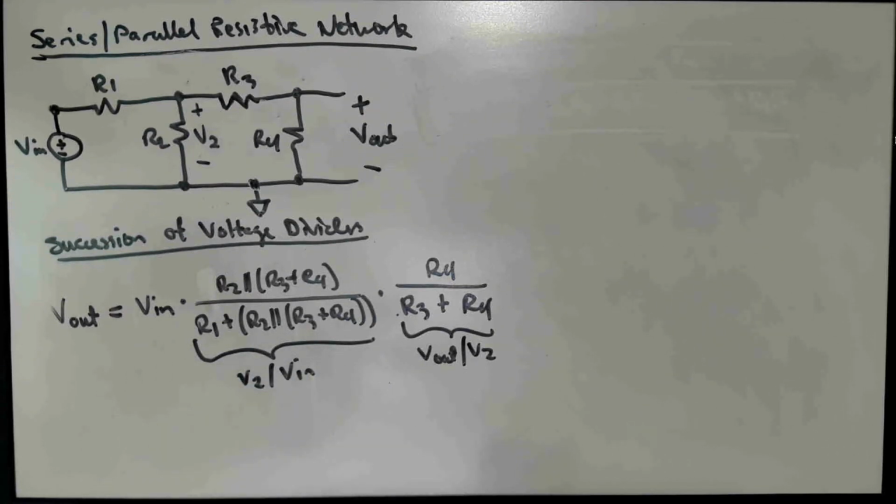I can say, because I know something about, like, if I have two disparate types of resistors connected in series, I know that the series combination is dominated by whichever one is larger, if one of them is much larger than the other one. Or if I know that there's this parallel combination here, if I know that R2 is much smaller than one of these two resistors, then I can make some approximations based on the notion that the parallel combination is dominated by the smaller of the two resistors, or the series combination is dominated by the larger of two resistors.